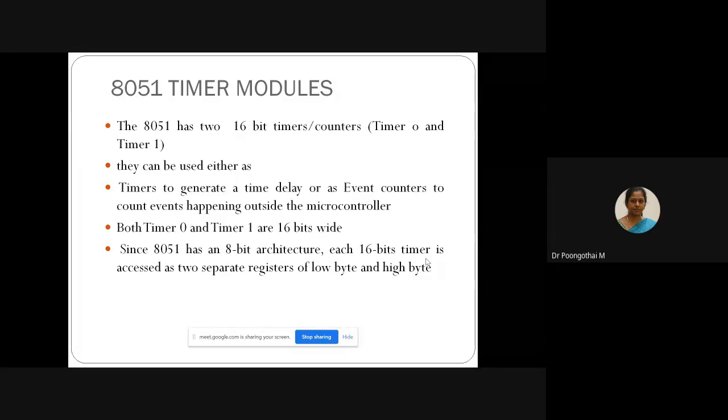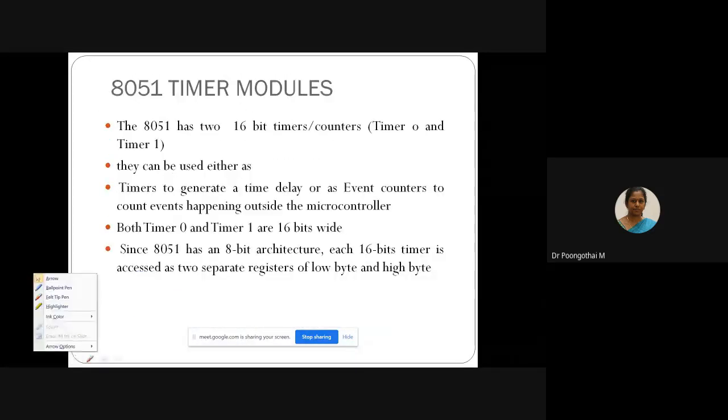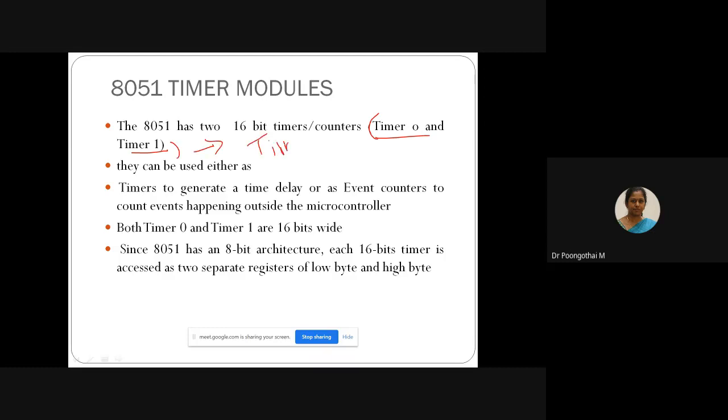So we have 2 timer modules, timer 0 and timer 1. Each can be configured either as timer or counter. I will explain the difference between timer and counter.